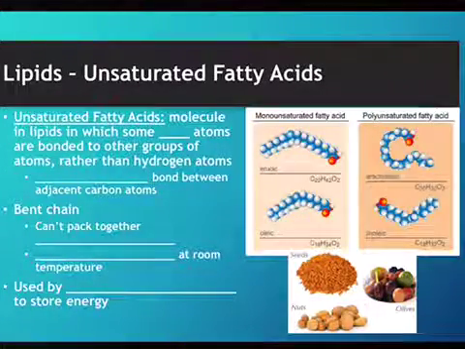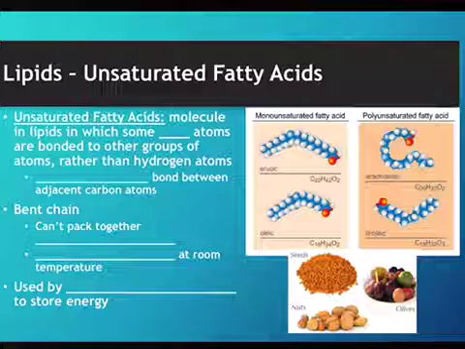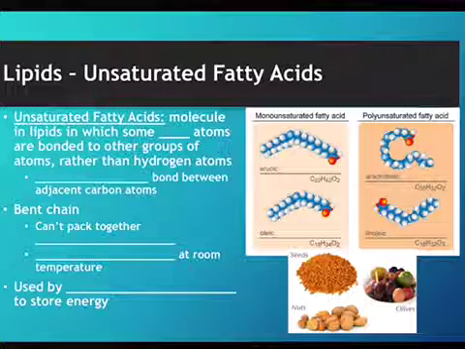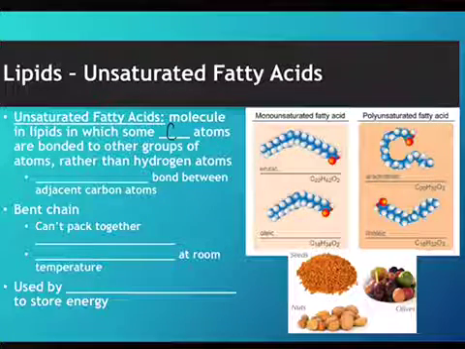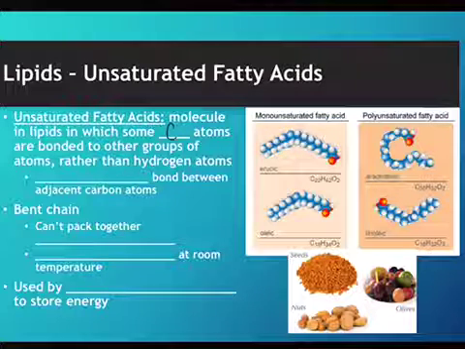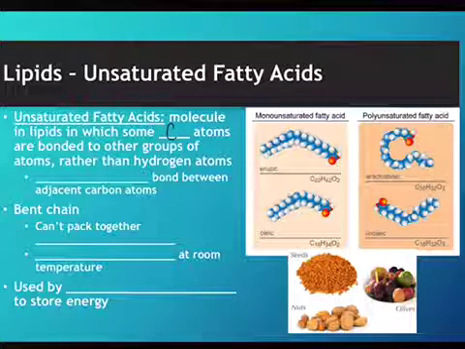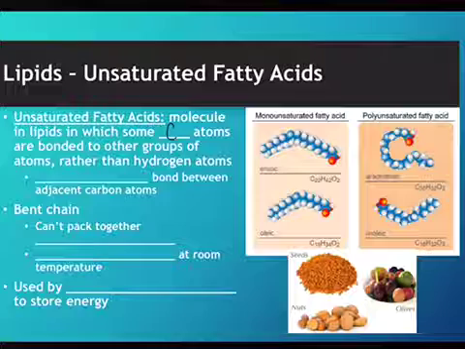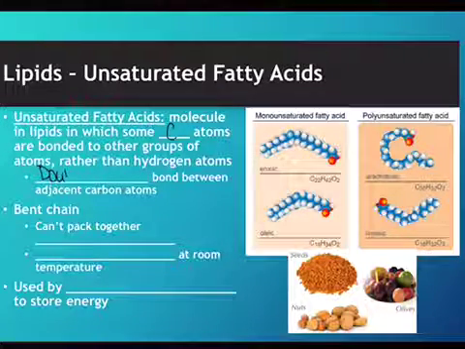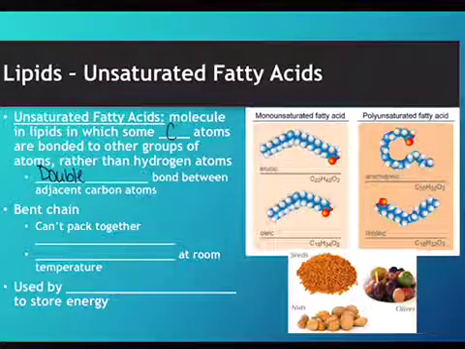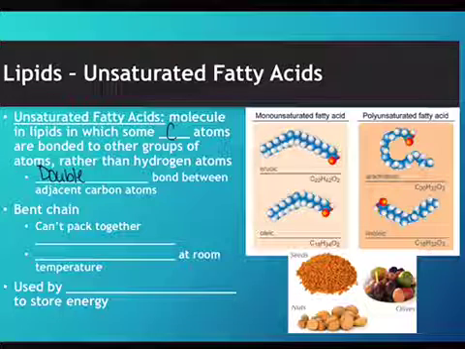When we look at unsaturated fatty acids, we'll notice that they're molecules in lipids in which some carbon atoms are bonded to other groups of atoms instead of just hydrogen atoms. Usually we'll see a double bond somewhere in the chain between two carbon atoms.